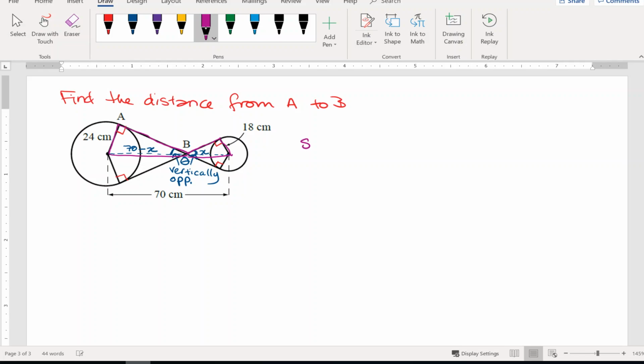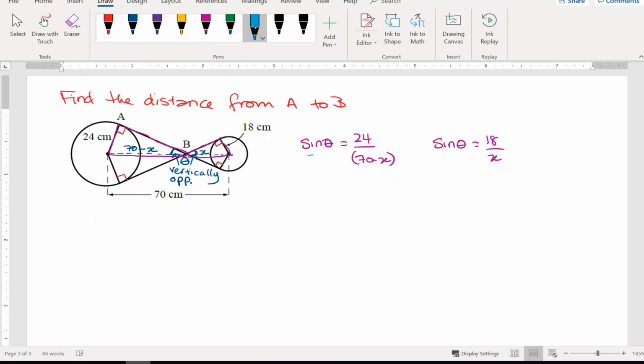So we know that sine theta is equal to the opposite side over the hypotenuse. And here we have sine theta is also equal to 18 over x, opposite side over the hypotenuse.